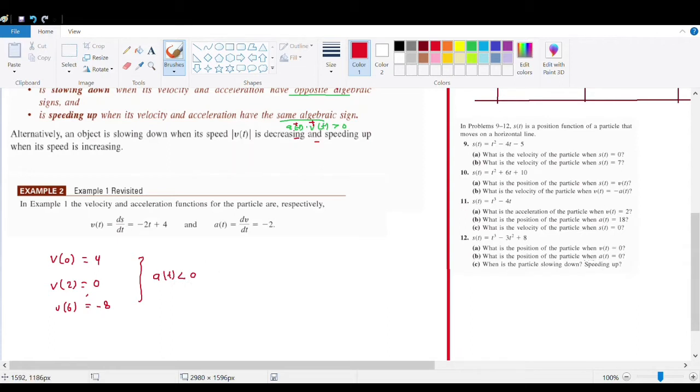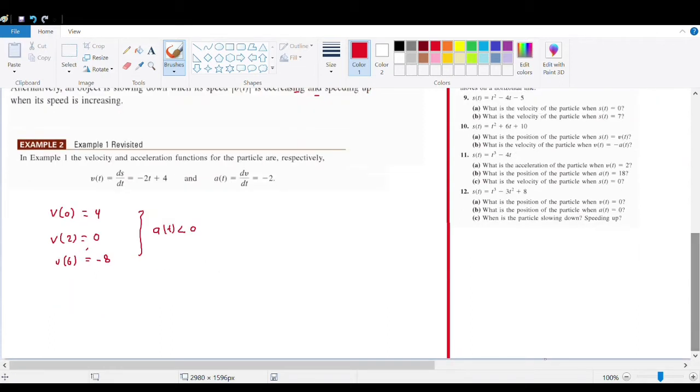So we make some intervals, or a table, to distinguish between when the function is slowing down and speeding up. Here the zero of minus 2t plus 4 is found by setting minus 2t plus 4 equal to 0, which means t is equal to 2. So we put 2 here, infinity here, and minus infinity here.